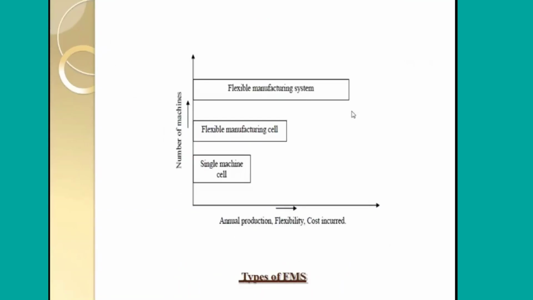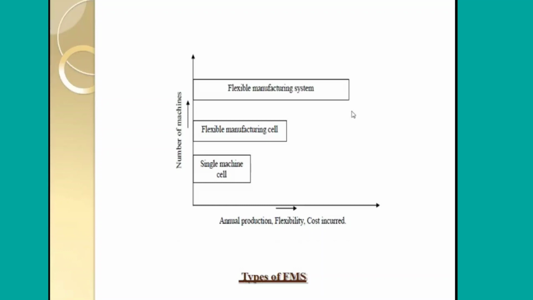The next one is types of FMS. Here, for the types of FMS we discussed the single machine cell, flexible manufacturing cell, and flexible manufacturing system, where a graph is plotted based on the number of machines as well as annual production. In the single machine system, the production will be very low because we used a single machine, and in the manufacturing cell we used 2, 3 or 4 machines.